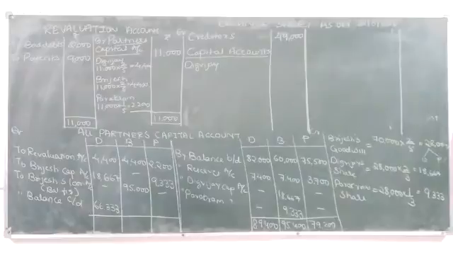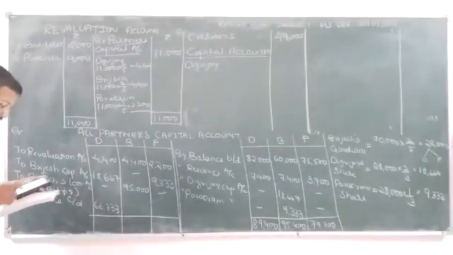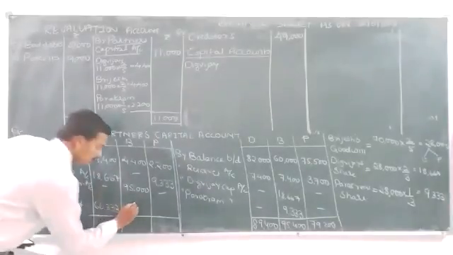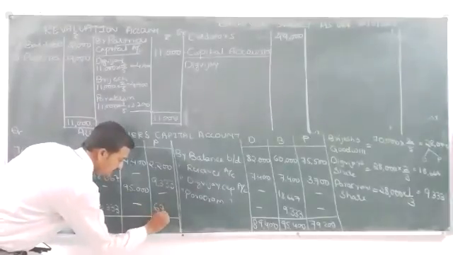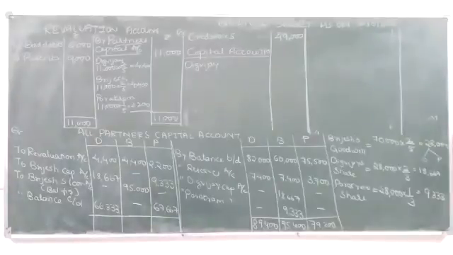Then the last one, Parakram's total is 75,500 plus 3,700 plus, no, there is nothing. So minus 2,200 minus 9,333. That comes to 67,667. You can see, 67,667.